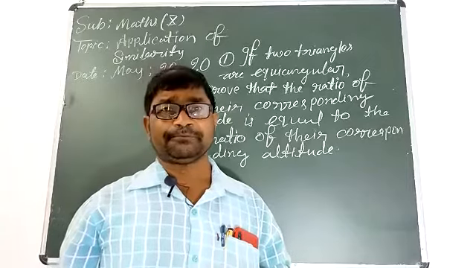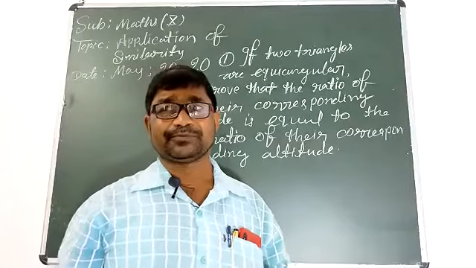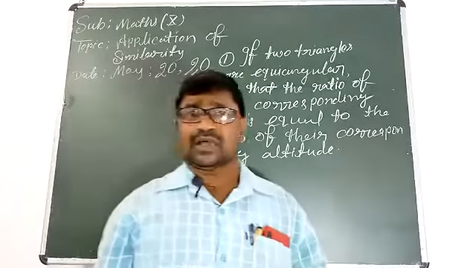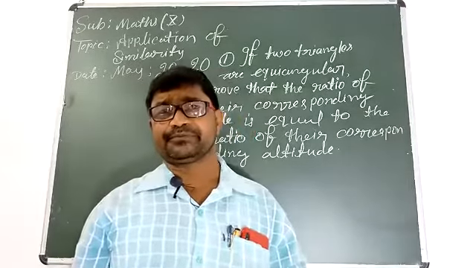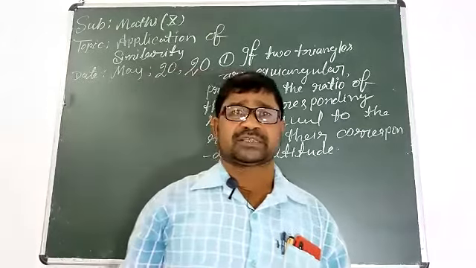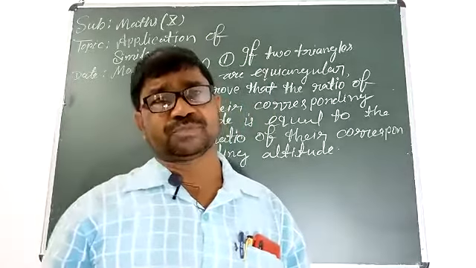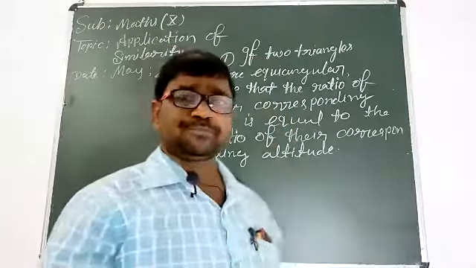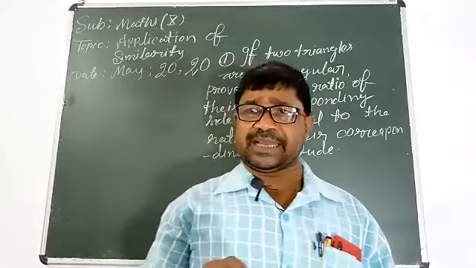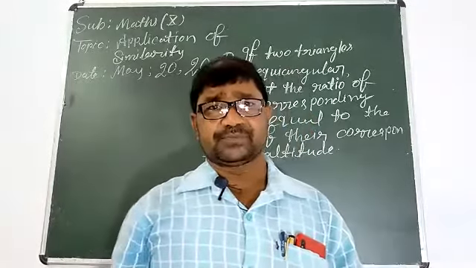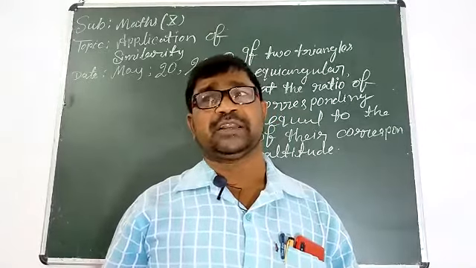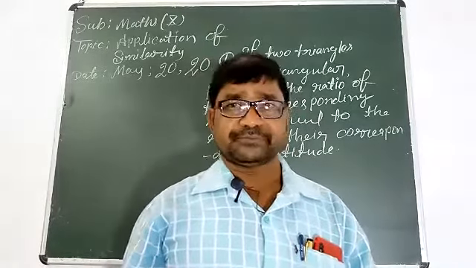Have you written? If two triangles are equiangular, okay, then prove that the ratio of their corresponding sides is equal to the ratio of their corresponding altitudes. Okay?